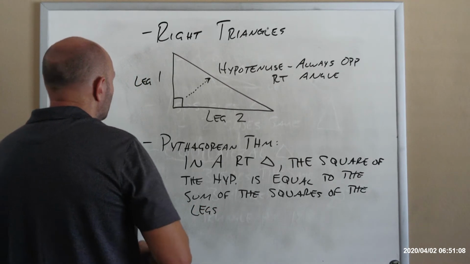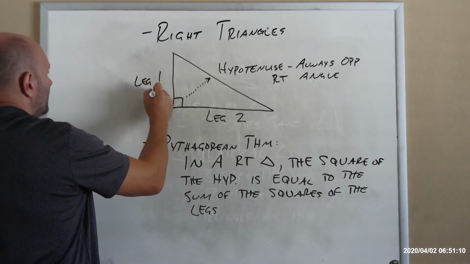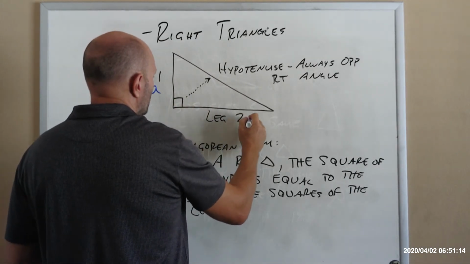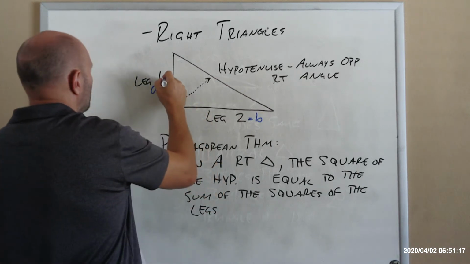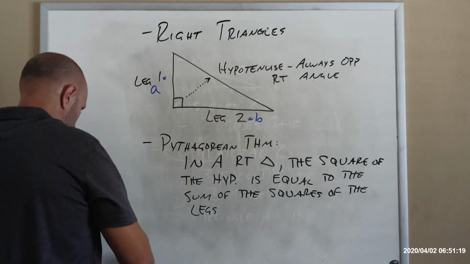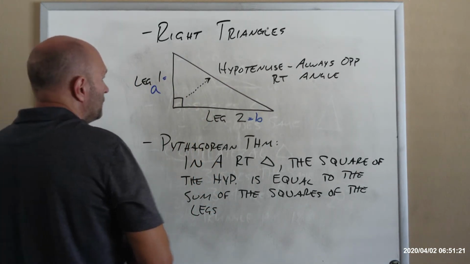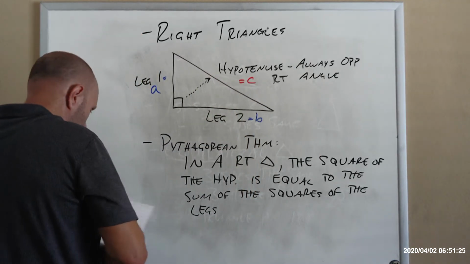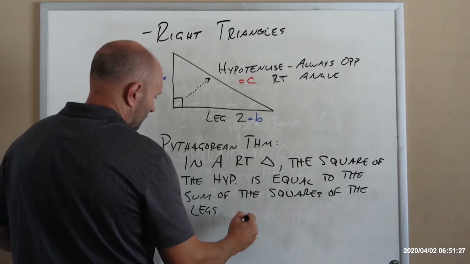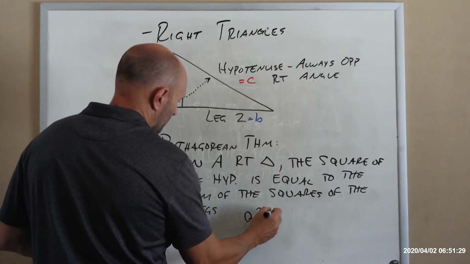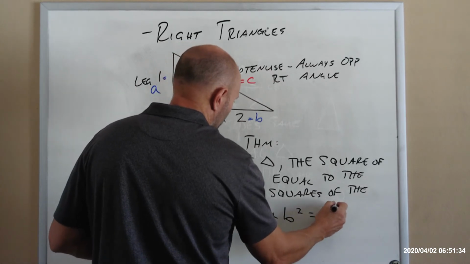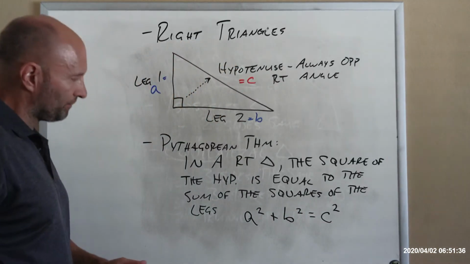So if I said leg 1 has length equal to a, and leg 2 has a length equal to b, and the hypotenuse has a length equal to c, then yes, as everyone would tell you, a squared plus b squared is equal to c squared.